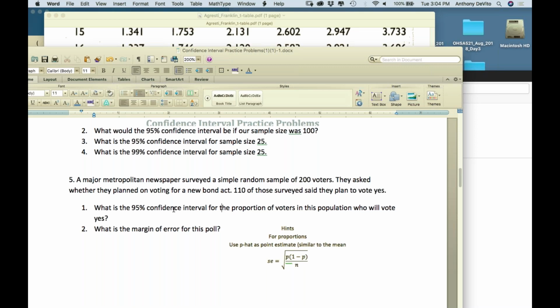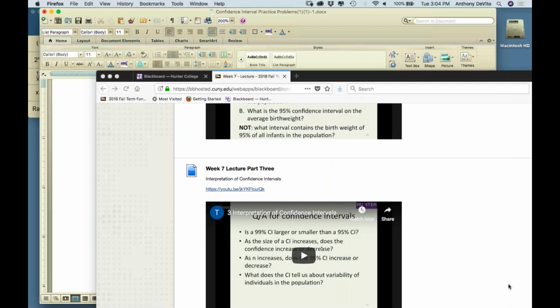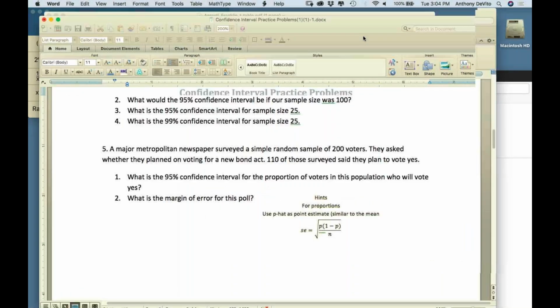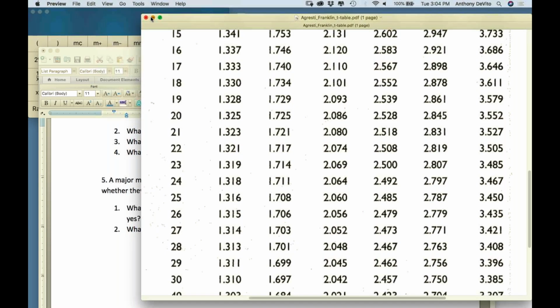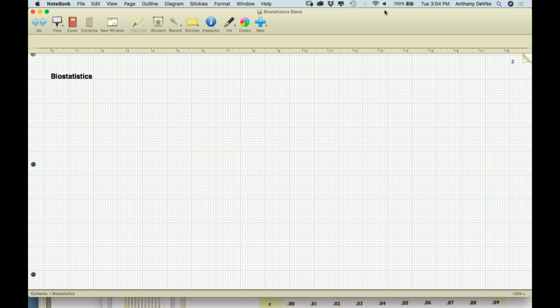Okay, so let's look up the 95% confidence interval. And what's the margin of error? You're going to do that on the way to getting this, right? This is for a proportion again. Okay, so my sample size is equal to 200, and the yeses equal 110.